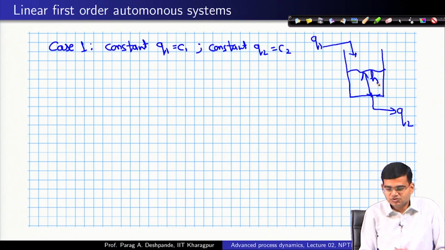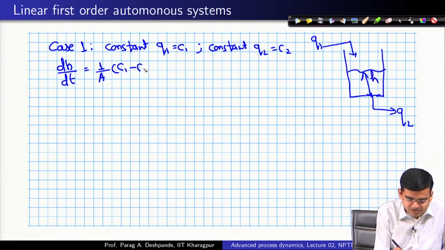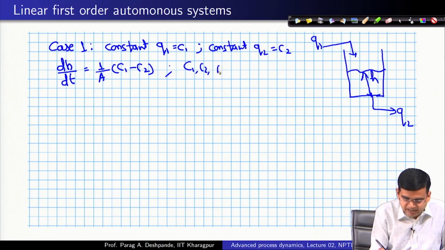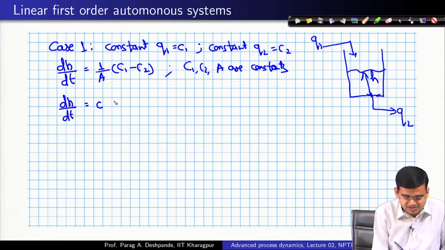Okay. So, my model equation is d h by dt is equal to 1 upon A times (C 1 minus C 2). Now, C 1, C 2 and A are constants. Okay. So, therefore, I can write d h by dt is a constant C.